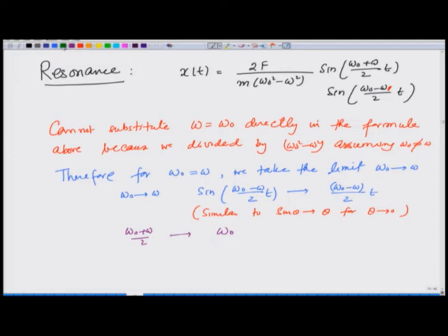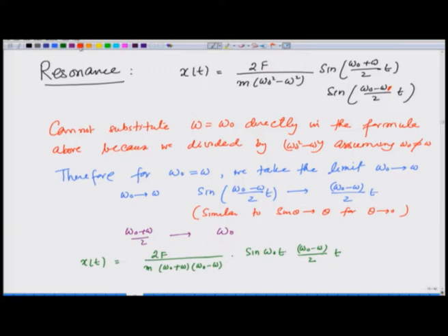So, the answer I am going to get is x t equals 2f over m times omega 0 square minus omega square, which I am going to write as omega 0 plus omega times omega 0 minus omega, so that I can cancel omega 0 minus omega, times sine of omega 0 t times omega 0 minus omega over 2 t.